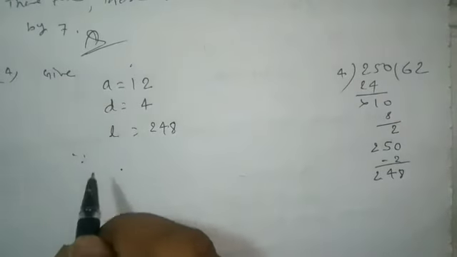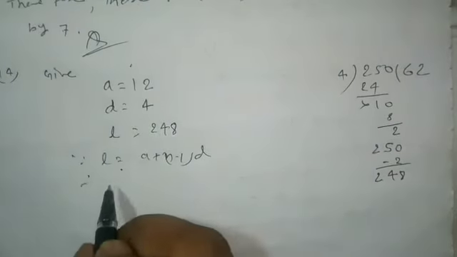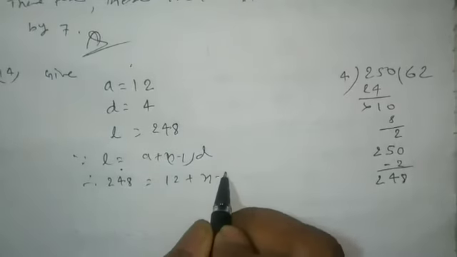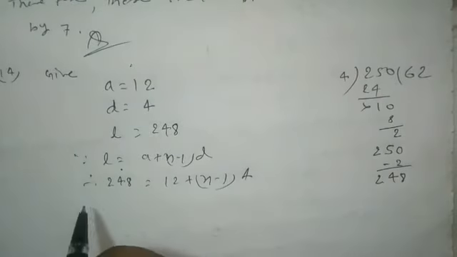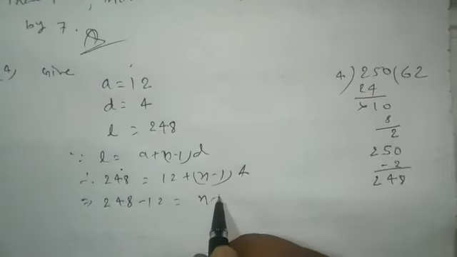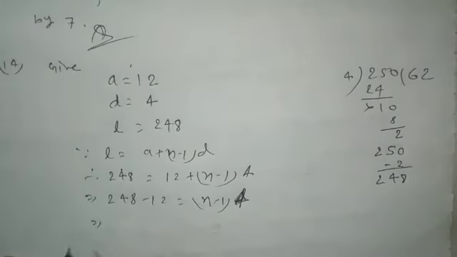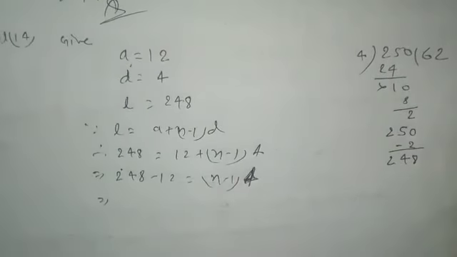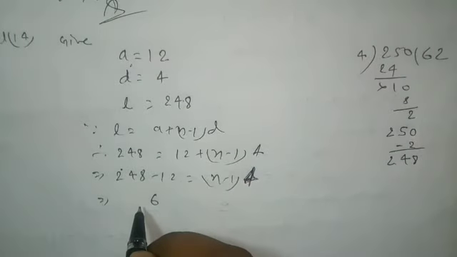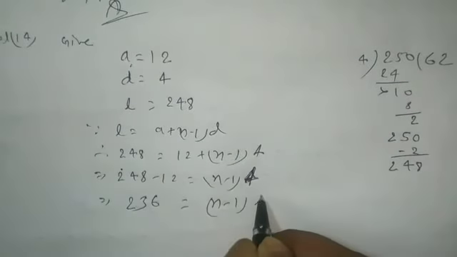Now because L is equal to A plus n minus 1 into D, therefore 248 is equal to 12 plus n minus 1 into 4. Implies 248 minus 12 is equal to n minus 1 into 4. Implies 236 is equal to n minus 1 into 4.